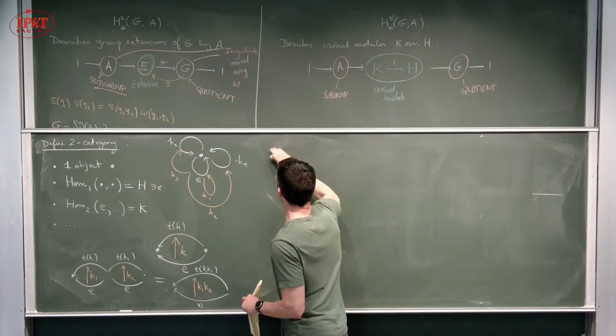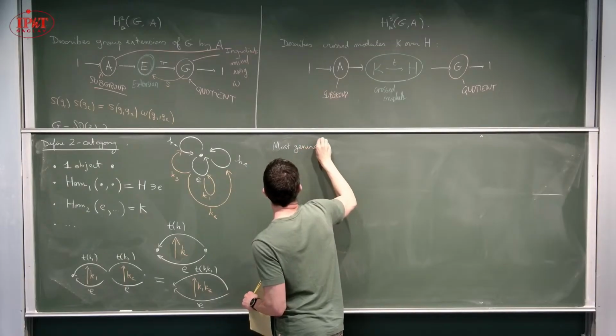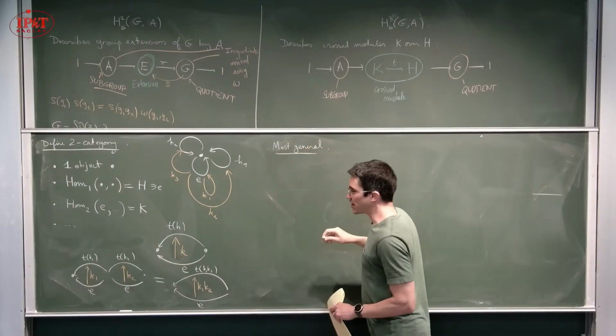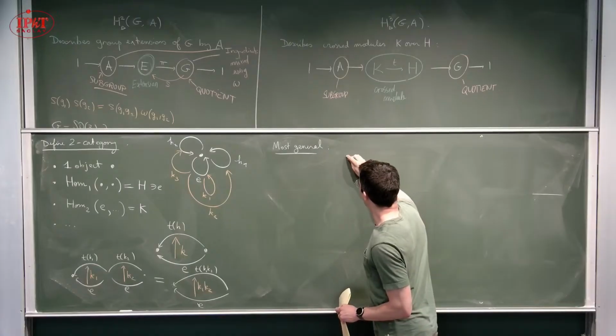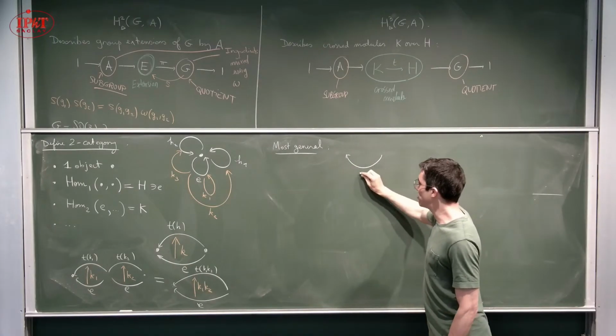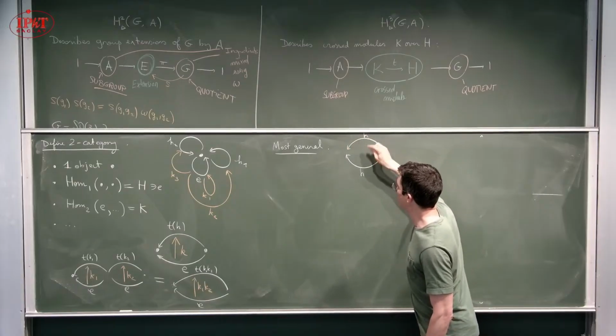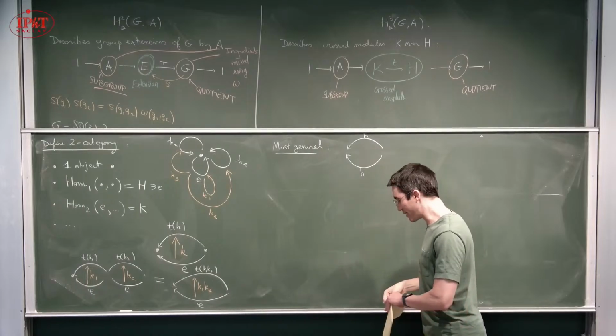Now let me write the most general arrow. You can obtain it by combining the most generic element. Let's put H, an element of H. There is definitely an arrow that goes from H to H. Which orange arrow?